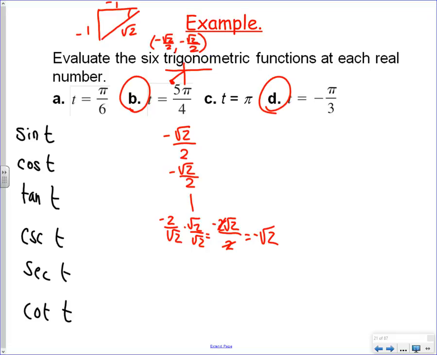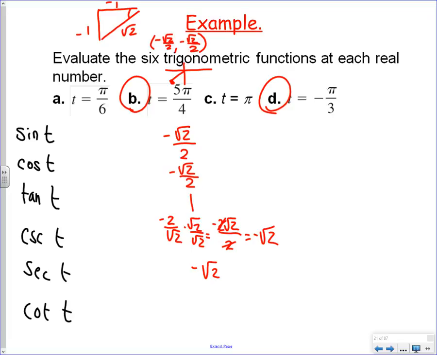Hey, if you like the triangle idea, what's cosecant? Hypotenuse over opposite. Cosecant would be hypotenuse over opposite. But either way you take it, whether you flip this guy and rationalize, or whether you come back up here and do hypotenuse over opposite and flip it. That's right. Secant. Oh, it's the same thing. Negative root 2, because you would flip the x, but that ends up simplified to be the same. What's cotangent?